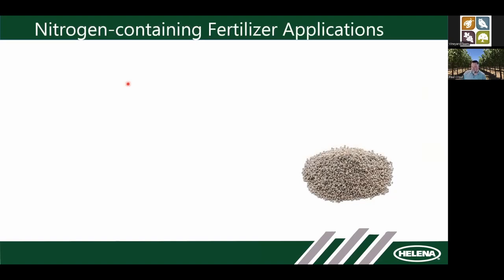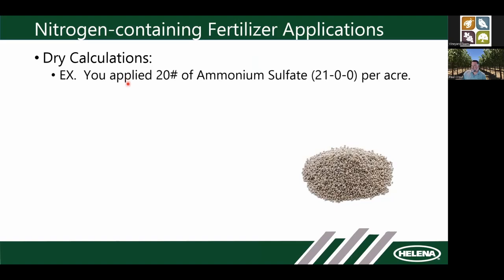So let's talk about fertilizer first. So nitrogen containing fertilizer. So dry calculations are generally easy, or easier. So for example, you've applied 20 pounds of ammonium sulfate, 21-0-0 per acre. Now, all fertilizers have this analysis here. This is percent of the element by weight. So this is nitrogen, phosphorus, potassium, or NPK.